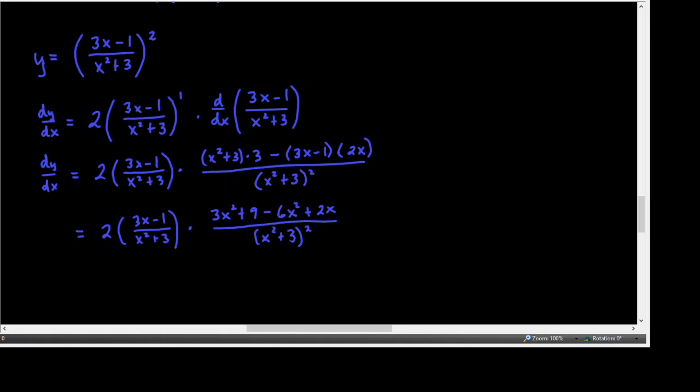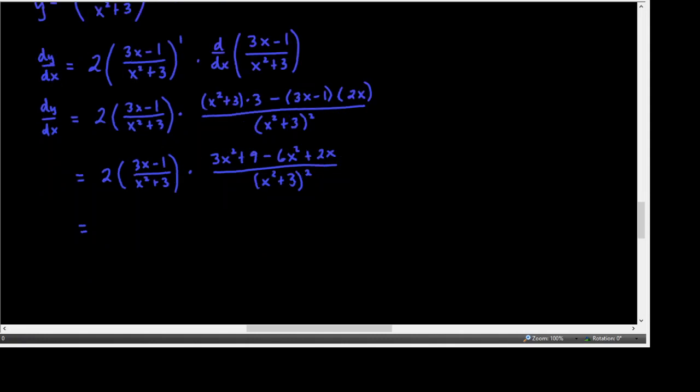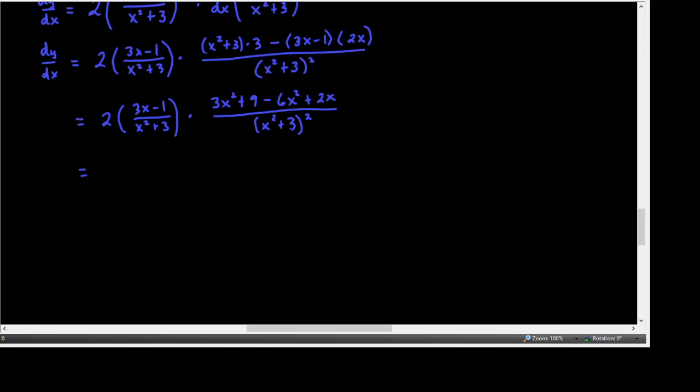Okay, now let me see. So it looks like I have 2 times (3x minus 1) over (x squared plus 3), multiplied by negative 3x squared plus 2x plus 9.